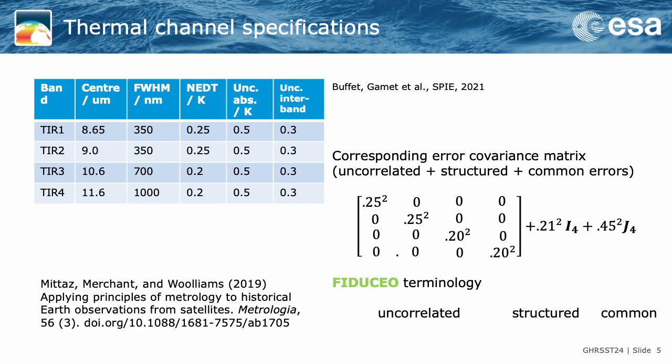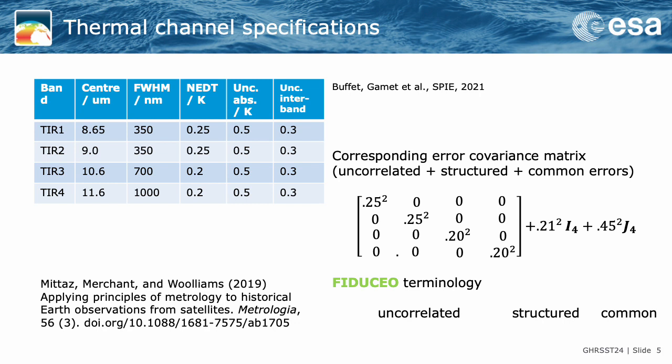If you want to read more about this decomposition of the errors in a satellite observation, I refer you to the paper that's shown. So this table of specifications corresponds to the error covariance matrices shown on the slide. The first one is the diagonal matrix that represents the noise.